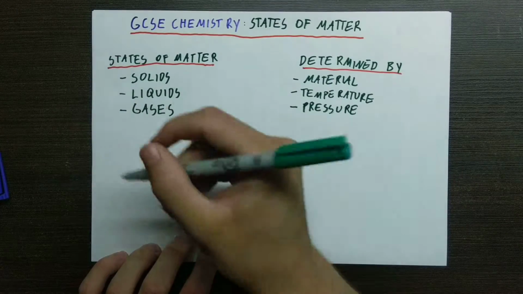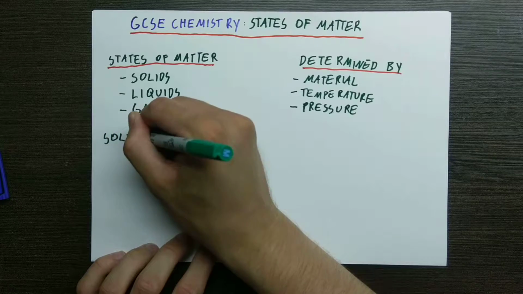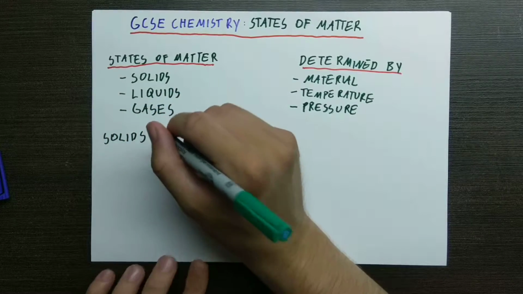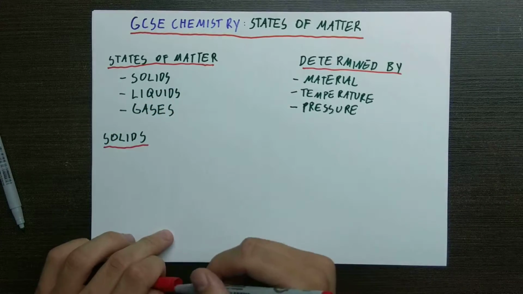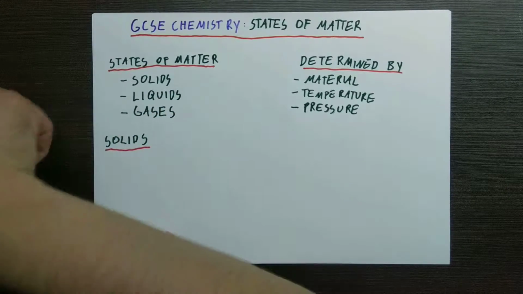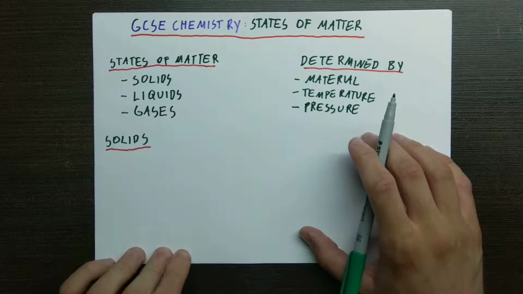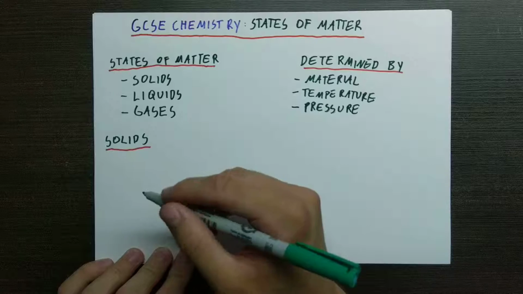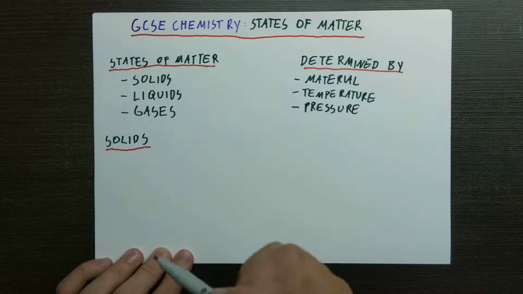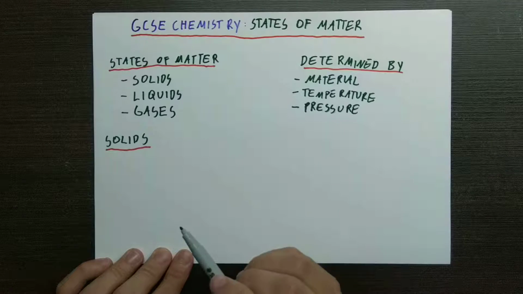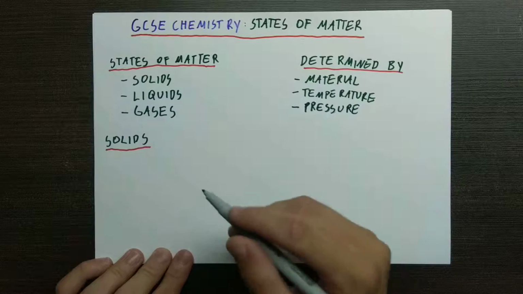First one up will be solids. Now, what are solids? Well, solids are a situation where the molecules are held to each other by strong forces of attraction, which keep them in fixed positions.